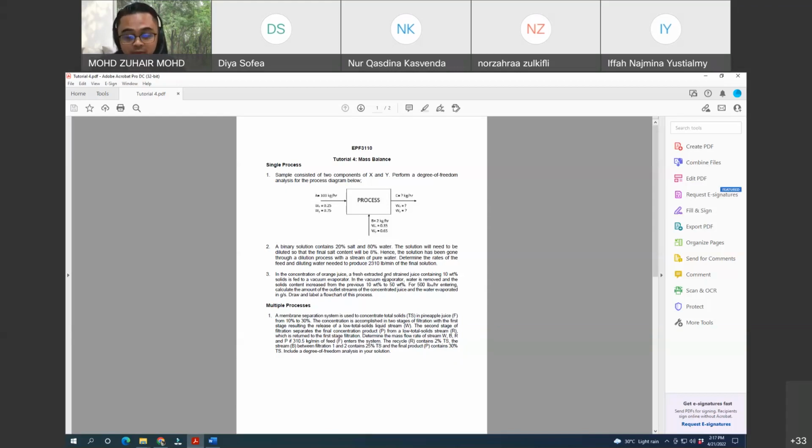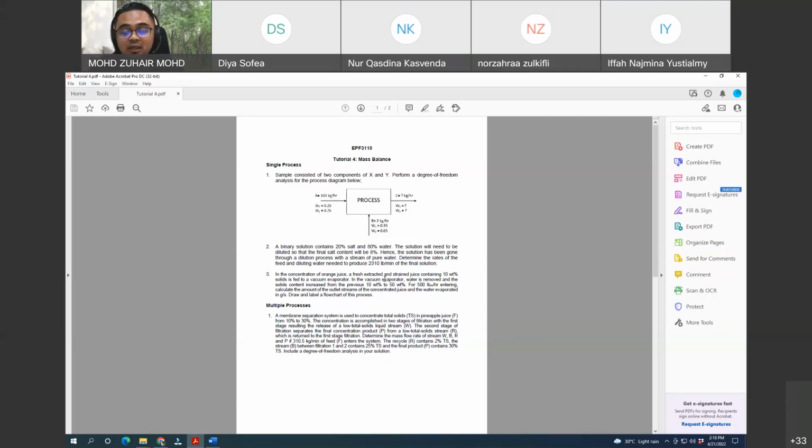The examples we do based on manual calculation are just three or four, maximum four processes. But in the real industry, the unit processes involved might be more than 20 or even 50. So we have advanced software that we can use to do the calculation, but the fundamental calculation about this mass balance should be understood first before you use the software.